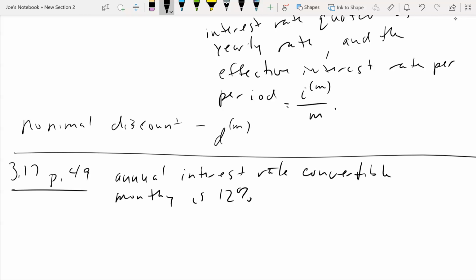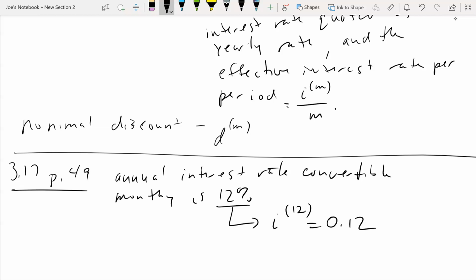So this tells us that this 12% is your i^(12), a nominal rate, so we're using that superscripted parentheses notation. This is just a notation, it's not actually a superscript. We put 12 in the parentheses because it's convertible monthly, so that's the number of compounding periods per year.